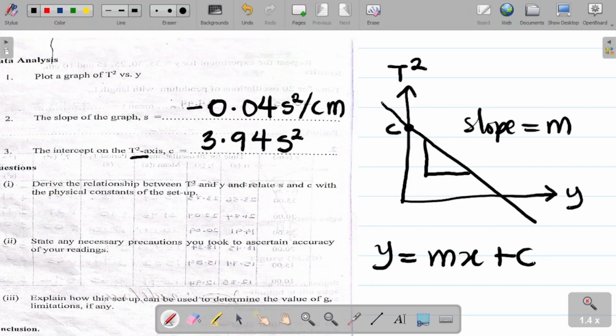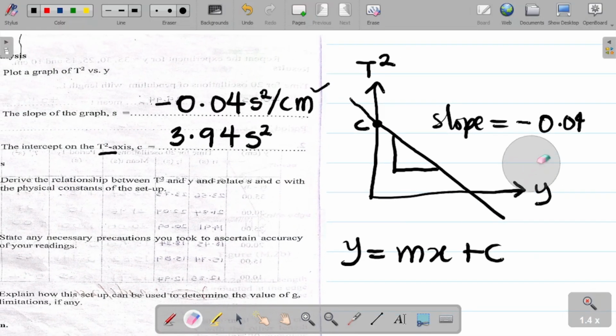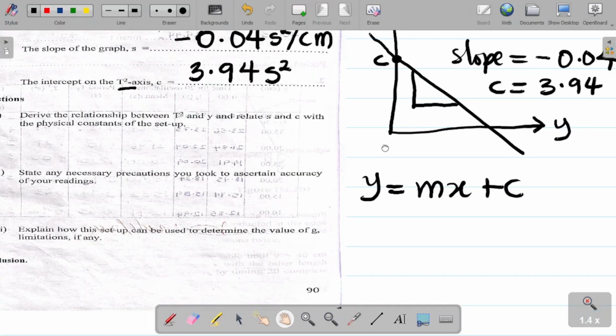The slope, as we found, is minus 0.04, and we also found the intercept, that's c, to be 3.94. So if you are to recreate this equation in this form, what will it be?